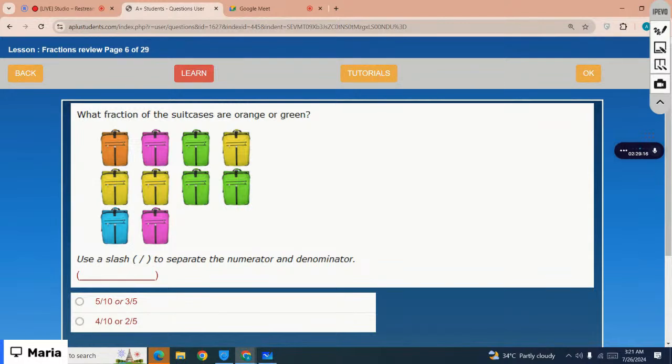That is 4 over 10. Option number 2 is the correct option. 4 over 10 or 2 over 5, right?